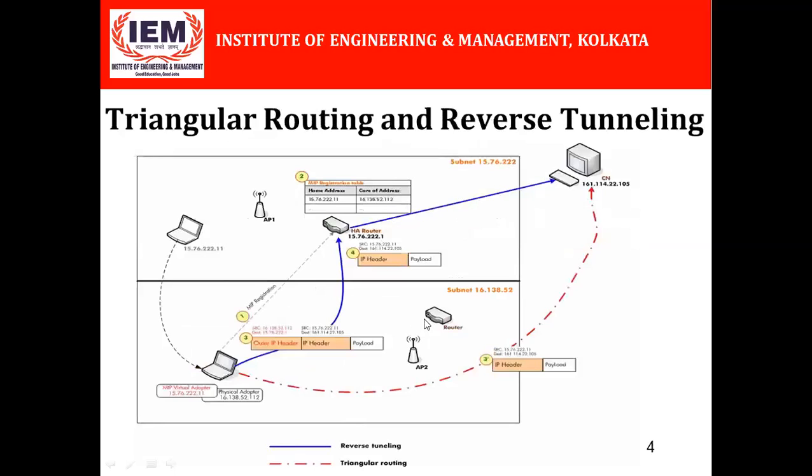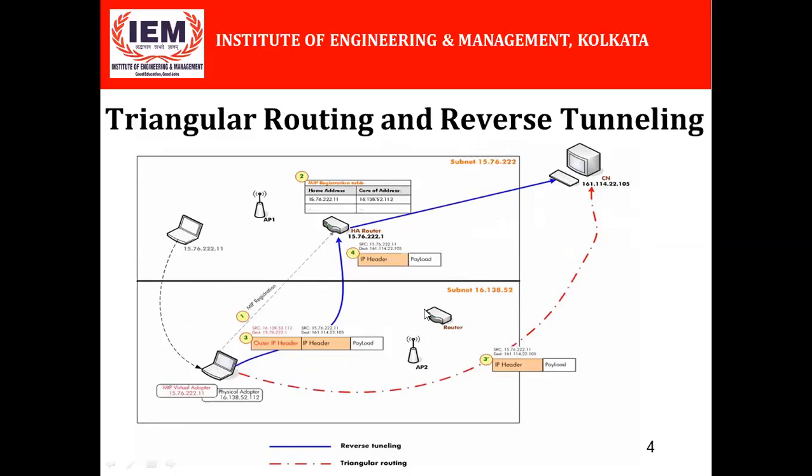Next, triangular routing is most important in the case of mobile IP. What is triangular routing? MIP registration is the first step.